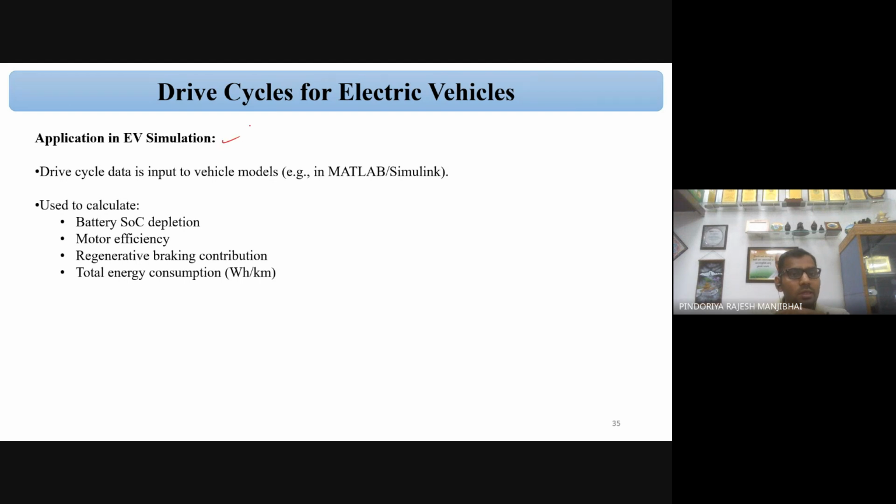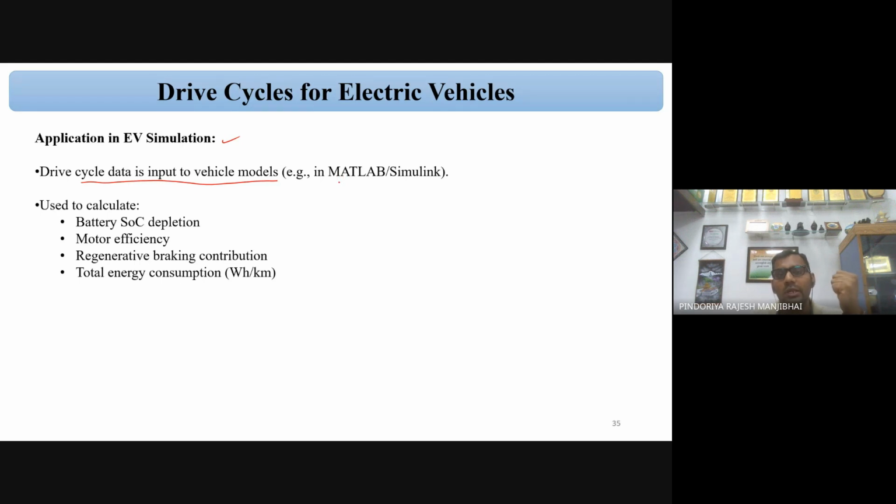Application of EV simulation: EV driving cycle data is input to the vehicle model. You have to do the simulation in MATLAB. I will share the syllabus of this subject, maybe at the end of this day or tomorrow.